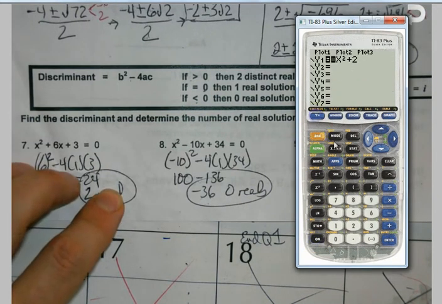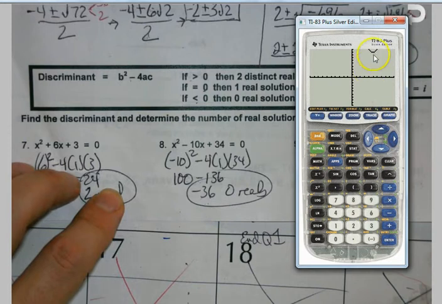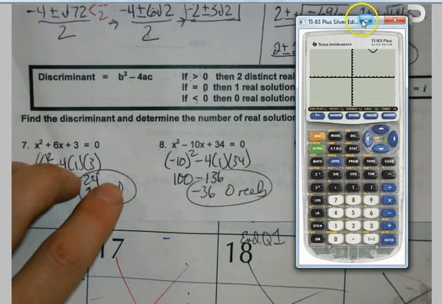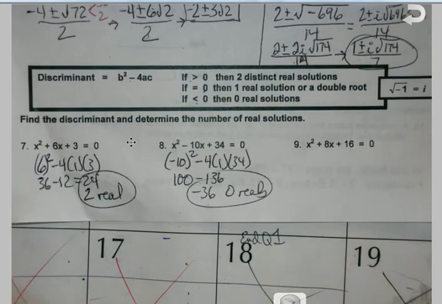So if I wanted to double check sometime, I could just take whatever the expression is, type it in, look at it. I can only see a little piece of it up here, but I do notice that's never going to cross the x-axis. It's opening upward and it's up here. That shows me the 0 reals. I still have imaginary solutions, but that's kind of a visual way of letting me see how that would work.